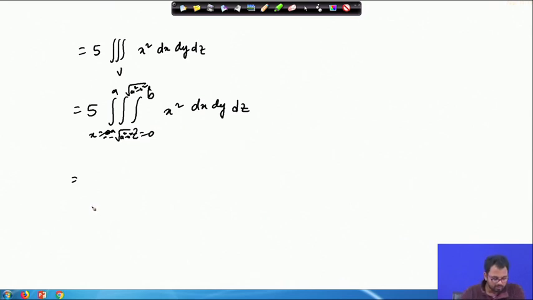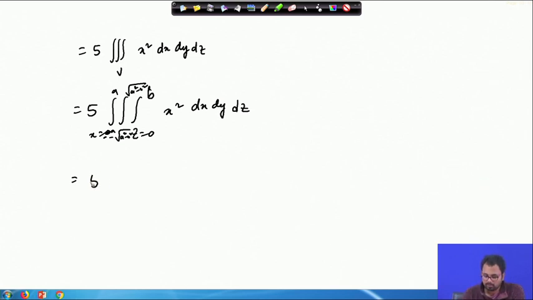First of all, we can integrate with respect to x, but here we can see that there is a symmetry. So, instead of calculating over the whole circle, we can calculate in one of the quarters.